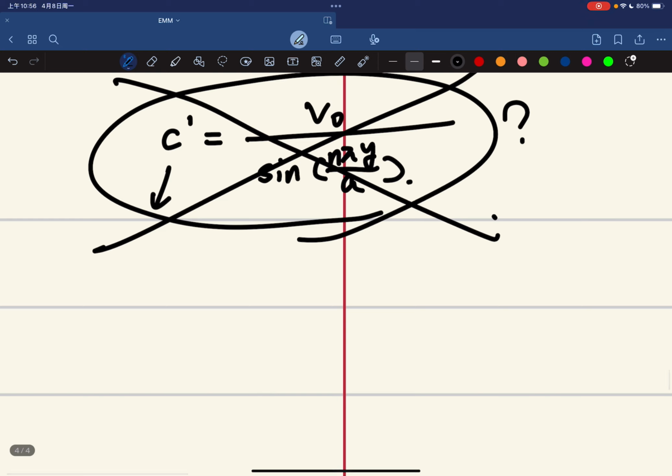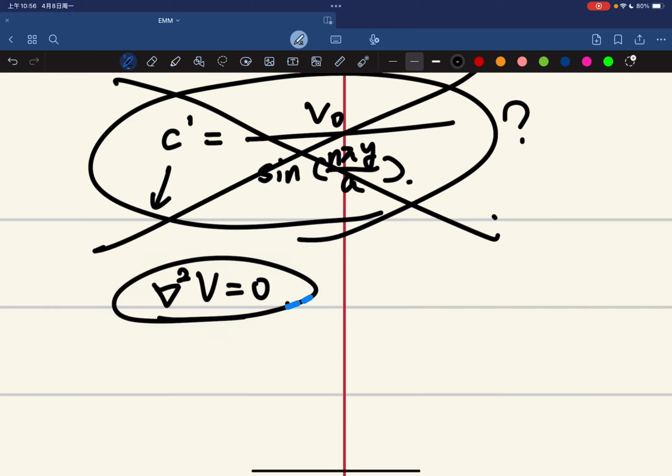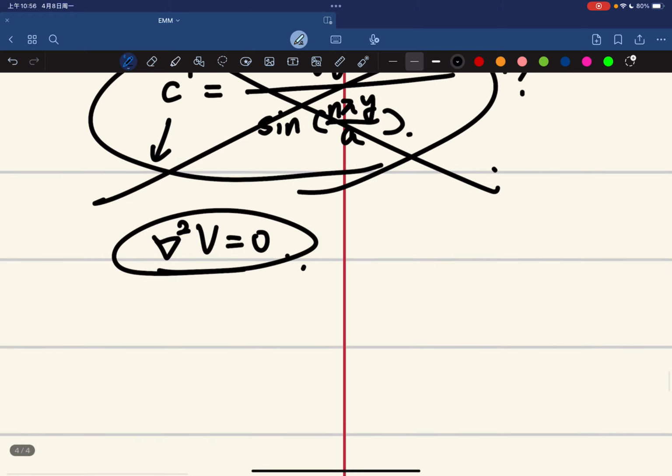So Laplace equation is linear, so that means we know that we have this, and we can write it in the form of a linear combination, and this is also written in the textbook.